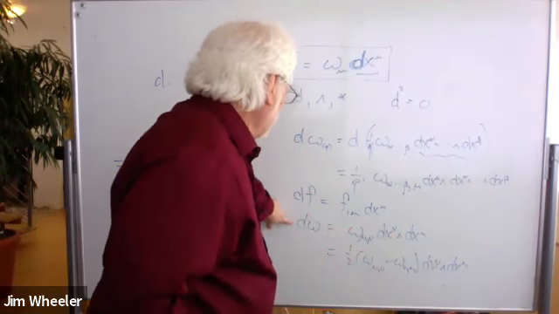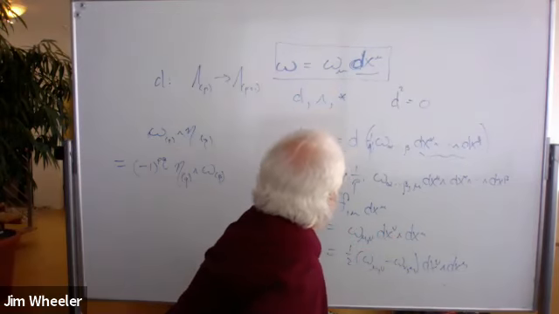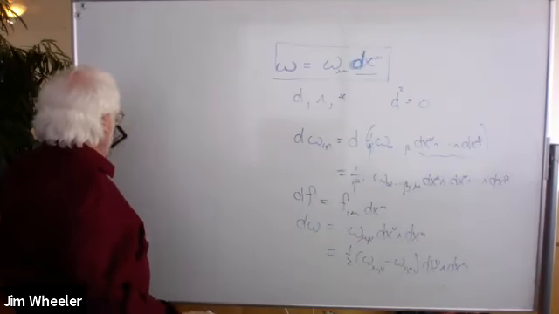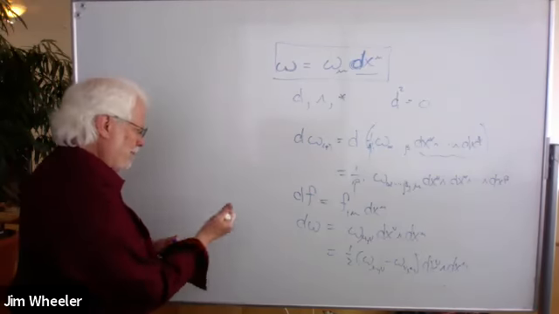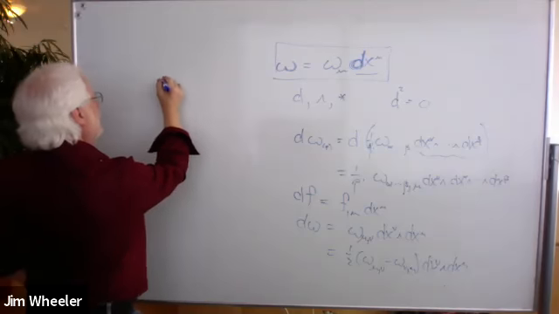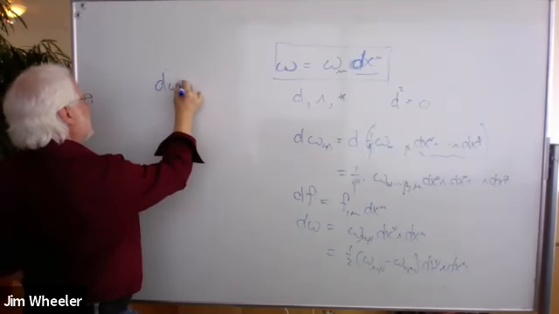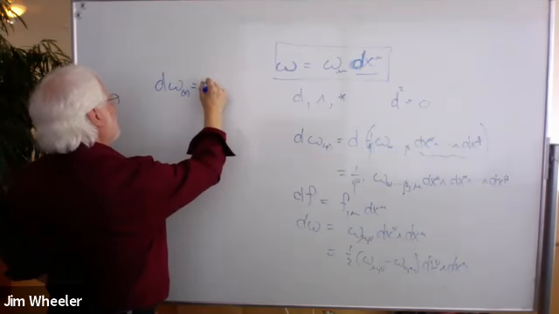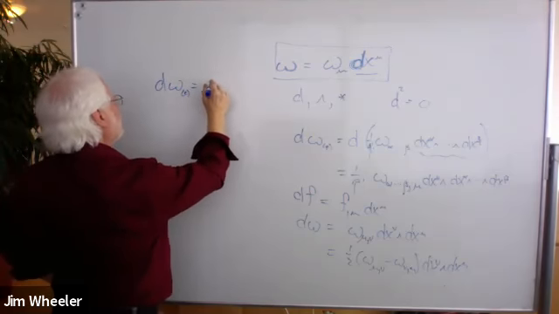So now let's look higher. If we're in 3 dimensions, then we can take d of a 2 form, and that is going to be, let's see.